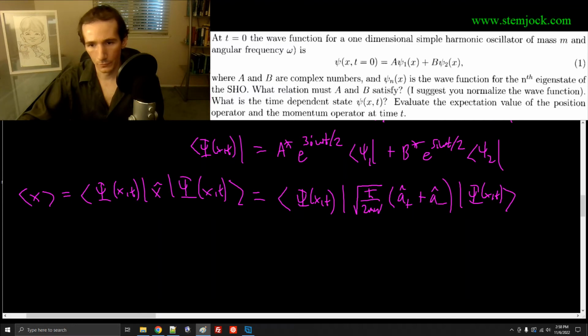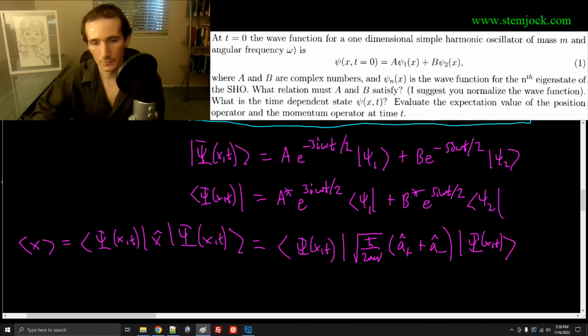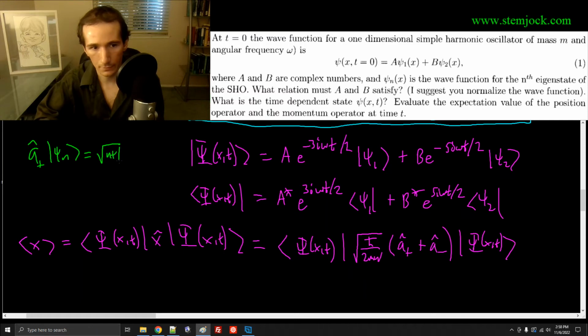Now, the way these ladder operators work is that if they are applied to some ket, a_plus hat acting on the nth eigenstate will give you square root of n plus 1 and give you the next highest eigenstate.